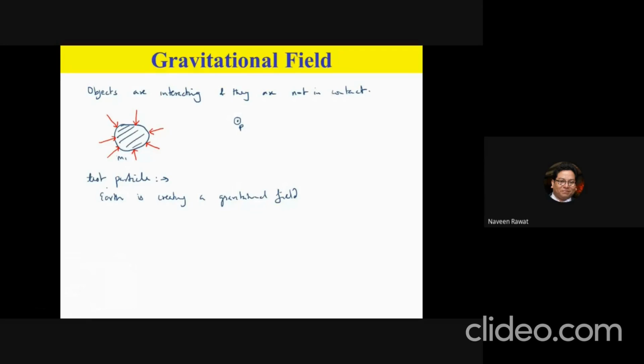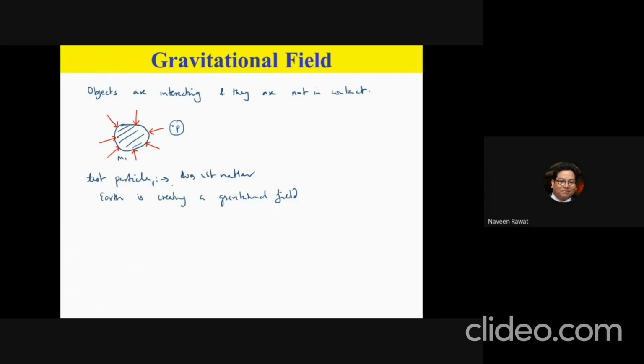The test particle at this position p does not matter. Whatever you keep here, or let's move it closer to the earth, somewhere here, any object here will feel this positive attraction towards the earth.